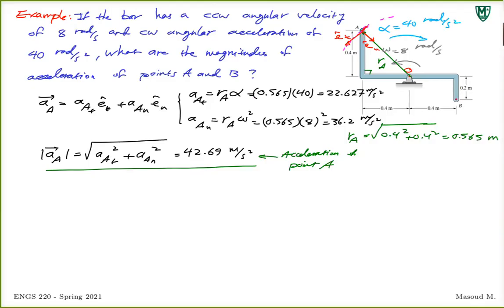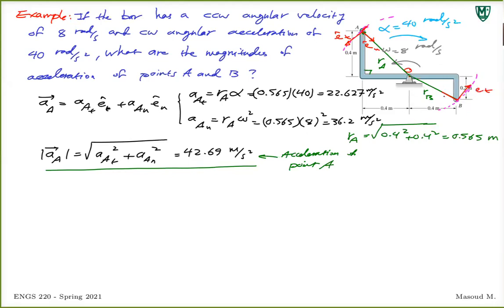All right, so for point B, the same story. All you have to find is where B is, if this is RB. And then this is the path that point B follows in this motion. You can again come up with your tangent-normal coordinate system.